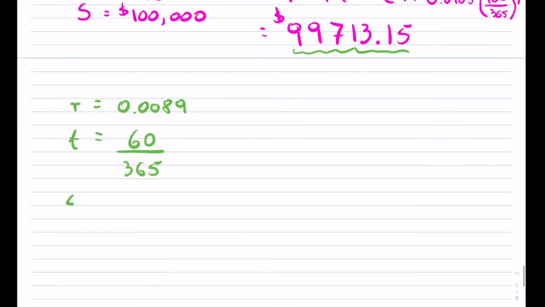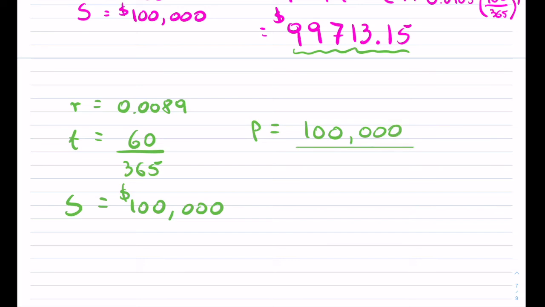And again, your future value doesn't change, because it's not like the T-bill face value will change. So that's what we have there. And now again, I play the same game. I basically will take 100,000 divided by, so now my rate has changed, which is 0.0089, multiplied by 60 over 365.